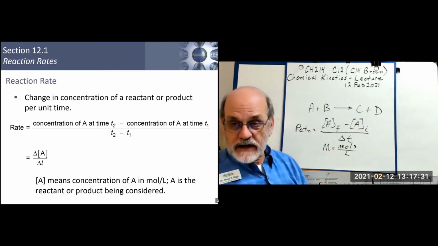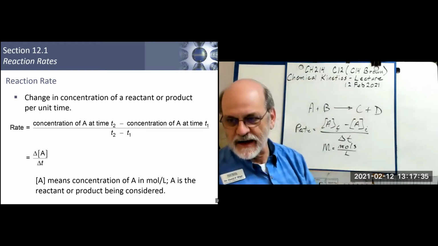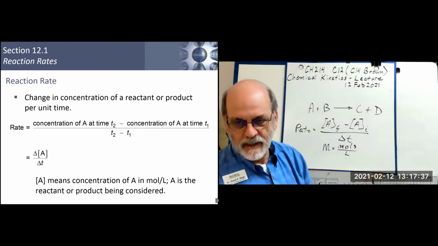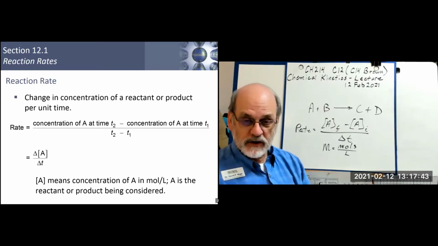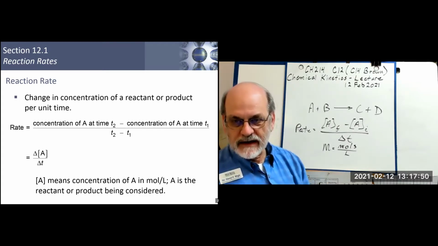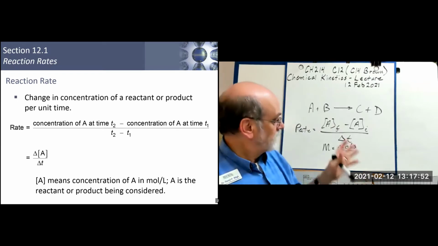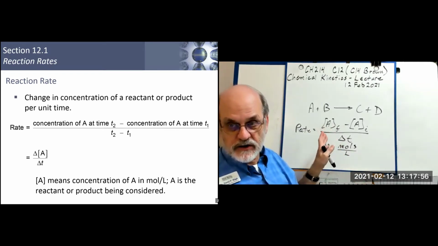Slow reactions are easier to study because you have time to set up and do measurements on the way. But you can only do so many of them. If you're doing a series of experiments, you can only do so many of those in a given period of time. So you want something intermediate, or you want instrumentation that can measure these concentrations instantaneously.